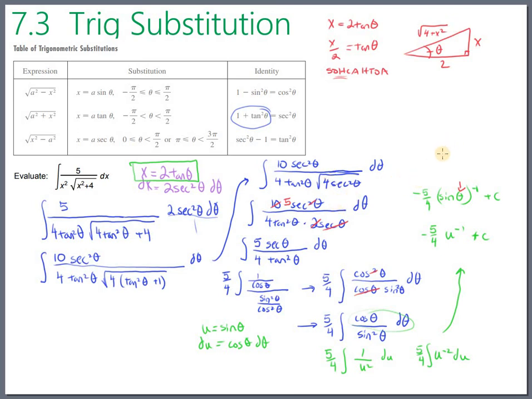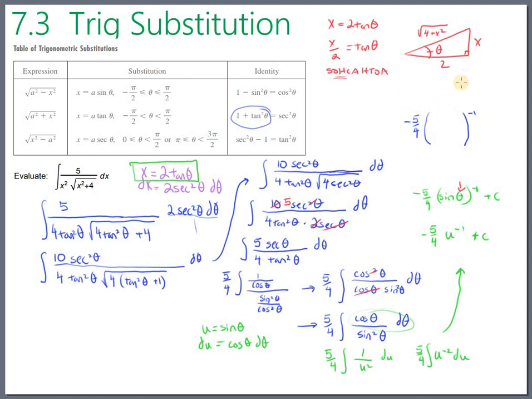So all that to say that when I finally go back from my green theta answer, I finally go back to x's again, I can say my final answer here, -5/4 sine of theta.